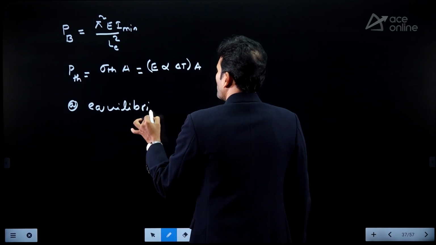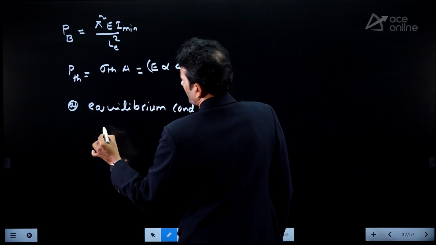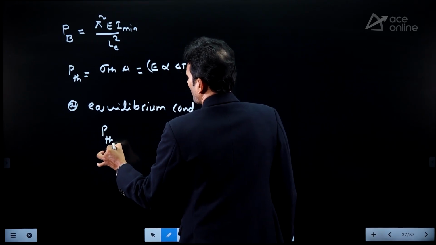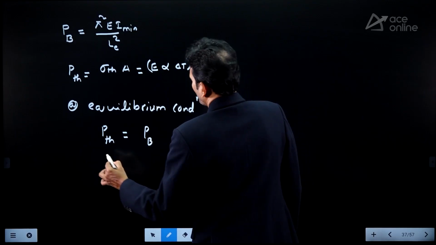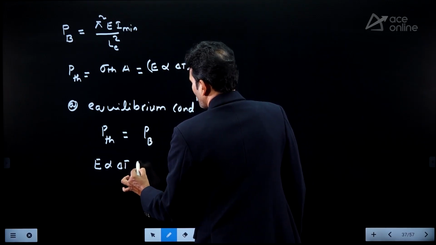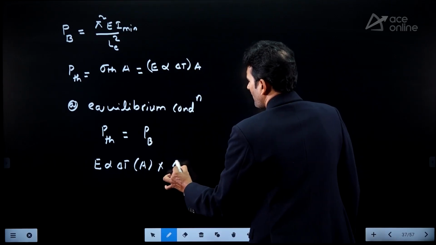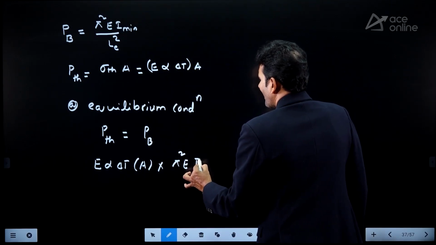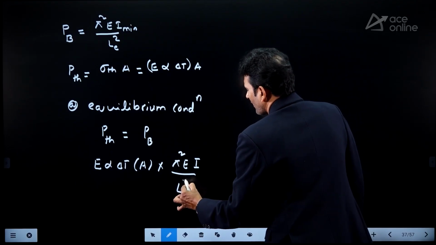At equilibrium condition, this thermal load should be equal to the Euler buckling load. Thermal load is E alpha del T into area. PB is pi square E, in place of I, I am just writing I. LE I am writing as L.